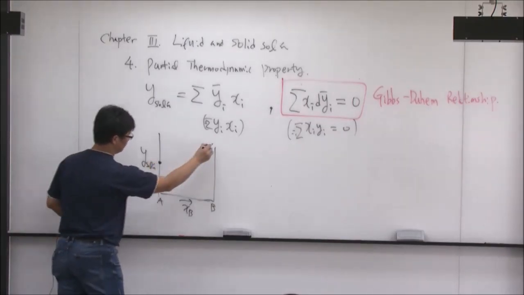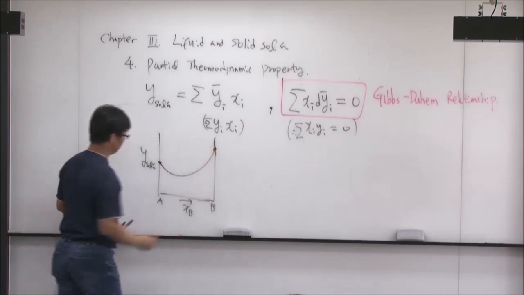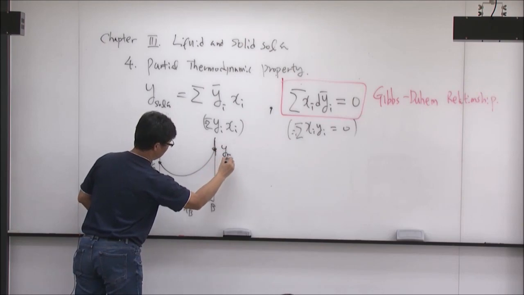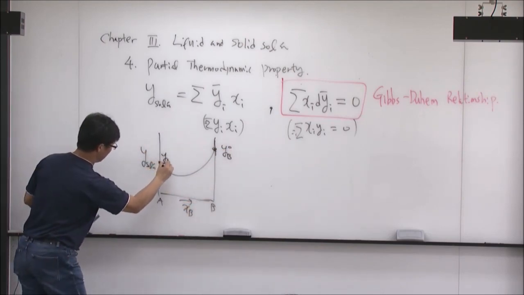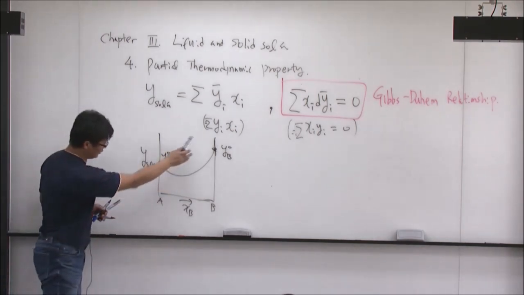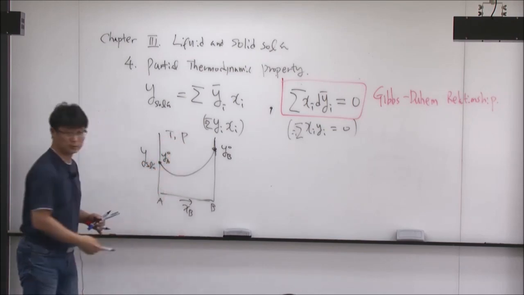And let's take any kind of curve. This one is Y_B not, basically pure, and this point is Y_A not, pure. This is at a given temperature and pressure condition.